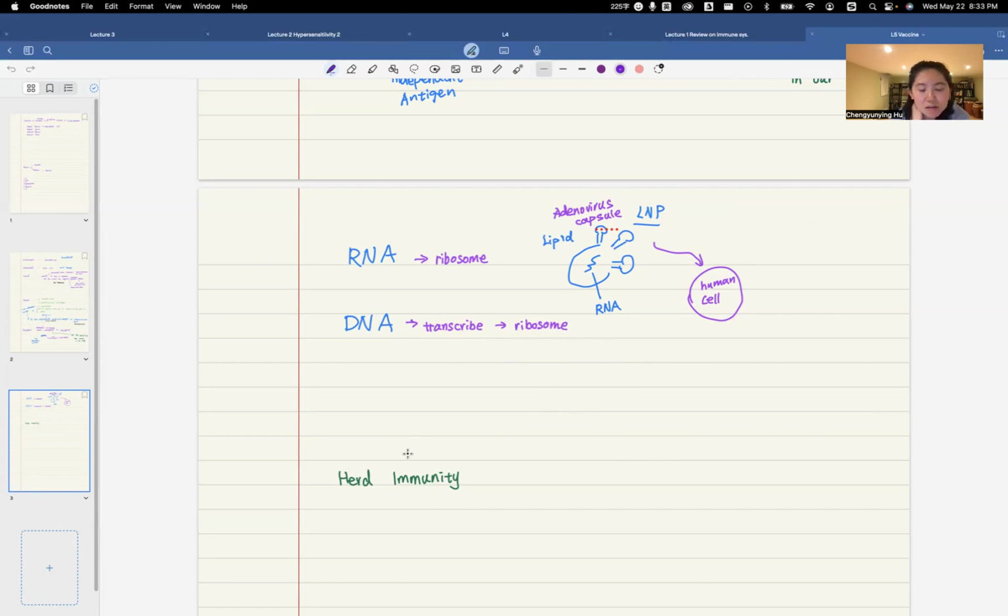Next, last concept in this lecture is the herd immunity. Herd immunity is in a community, some people get the vaccine and then some didn't. However, because majority of people get vaccine and they're immune to the illness and nobody else is having this illness, this pathogen cannot pass on to get more infection.